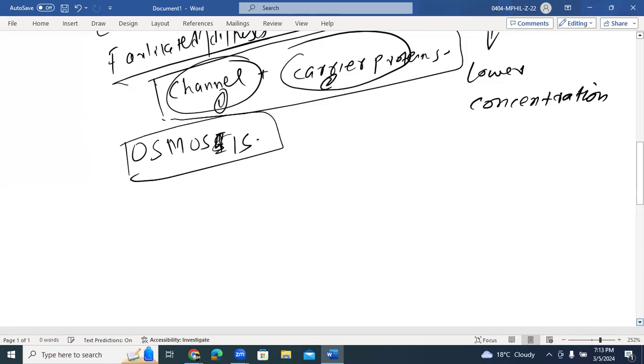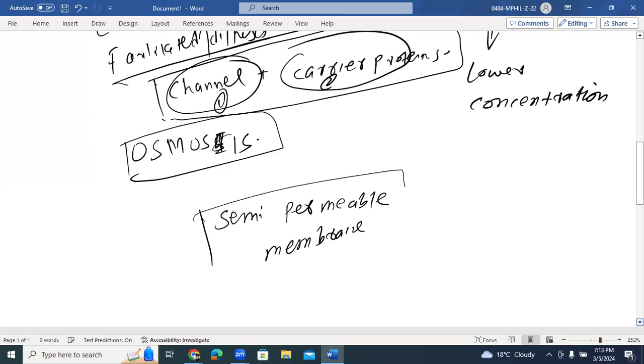Osmosis is the movement of molecules from higher concentration to lower concentration. One thing you should keep in mind is that it happens through a semi-permeable membrane. The movement of molecules from higher concentration to lower concentration through the semi-permeable membrane is what we call osmosis.